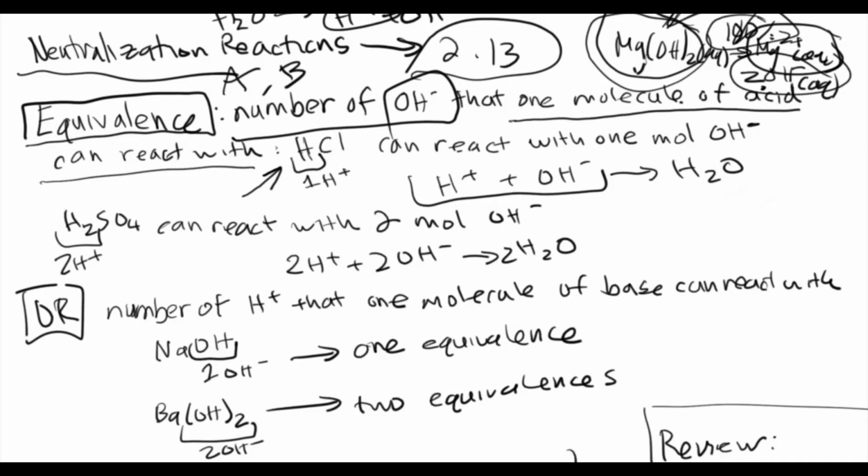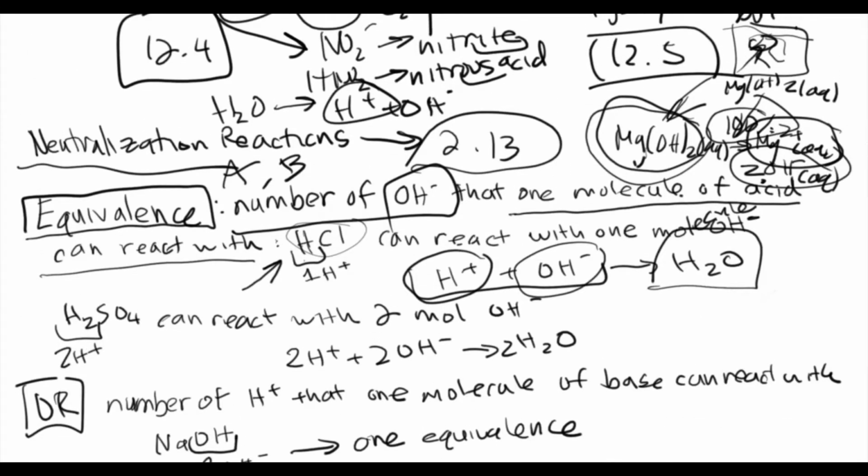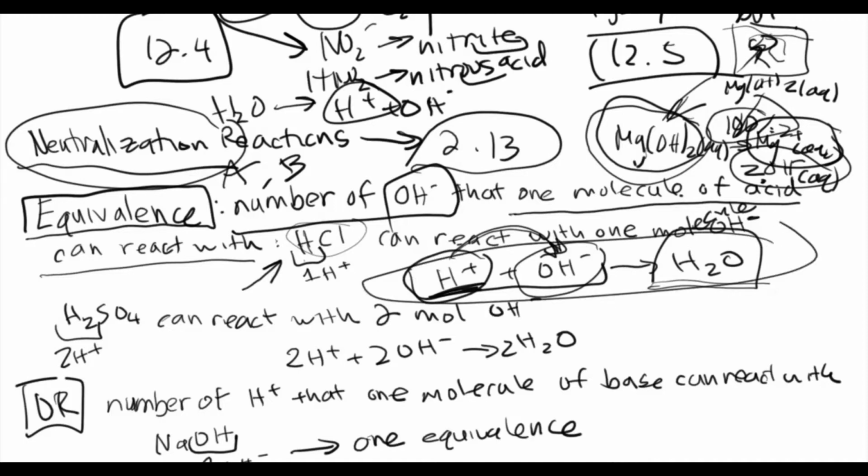So since I said that that was one molecule of HCl, this should be one molecule of OH, because one molecule of H plus one molecule of OH makes water. And why is this an acid-base reaction? Well, if you remember, neutralization reactions occur when the H plus is transferred. So in this case, all that happens is that this H plus basically transfers itself to this OH to create water. So this in itself is a neutralization reaction.